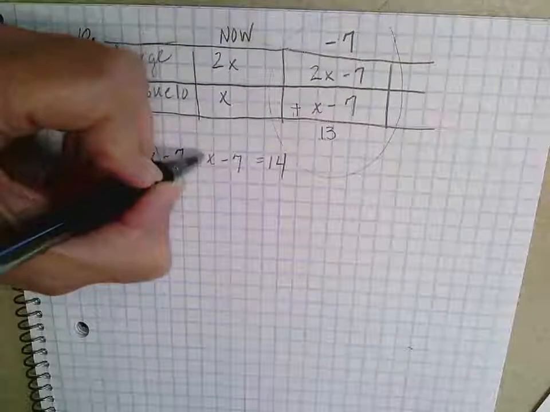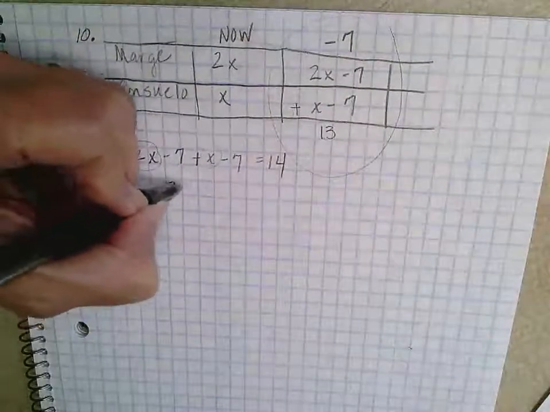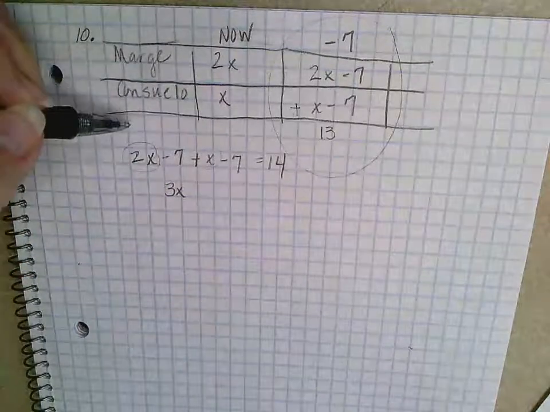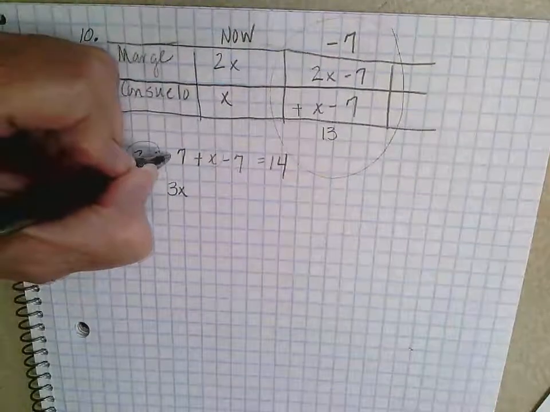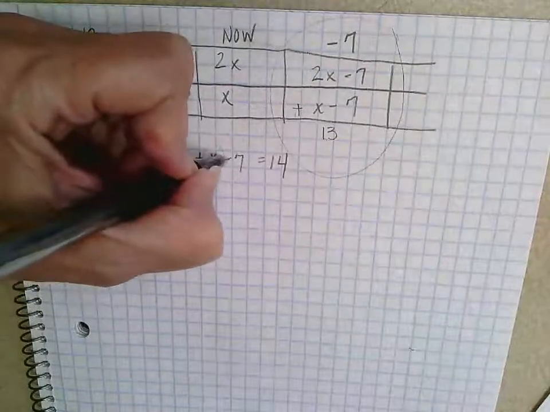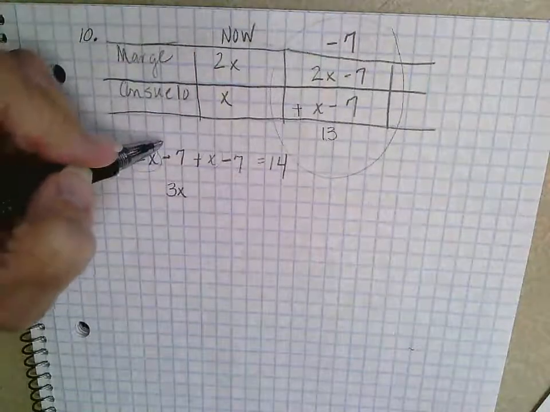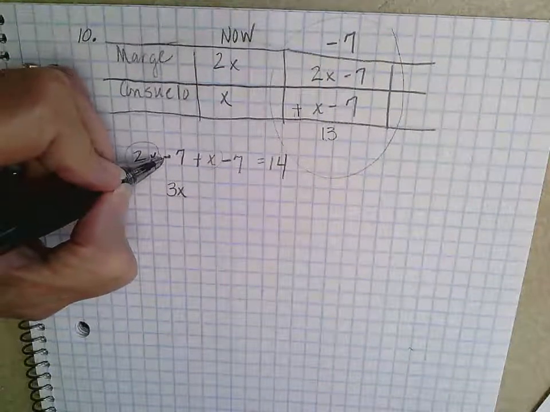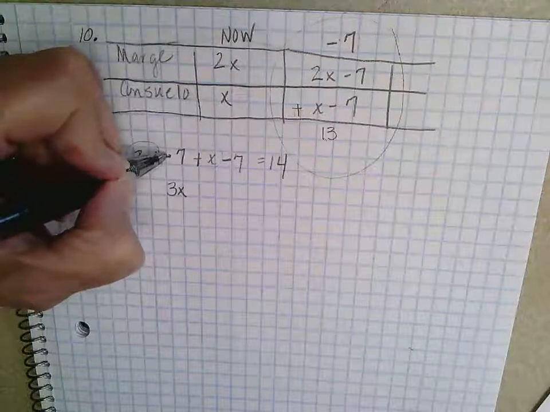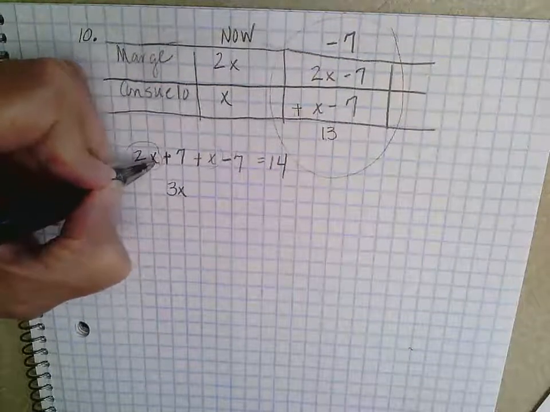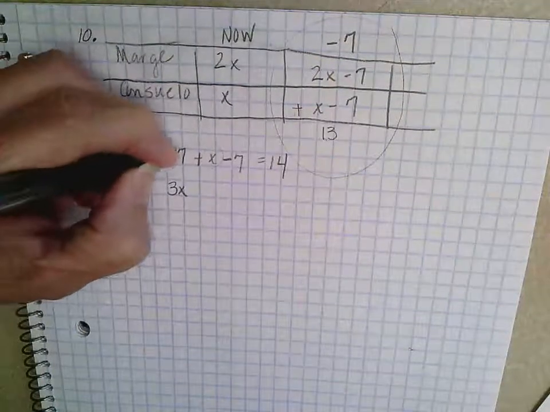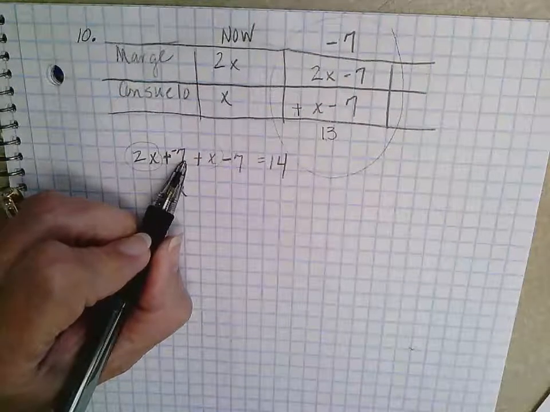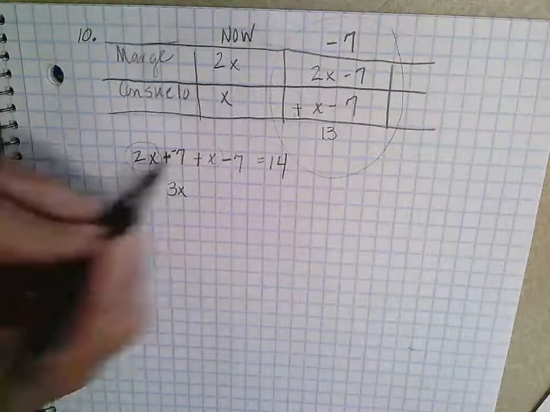Combine like terms. I have 3 x's, and then I have 2 negative 7's. When kids are first starting out in algebra, I encourage them to change all subtraction problems into addition. And when we change this sign to an addition sign, that means we have to change the sign of whatever is following it to its opposite.